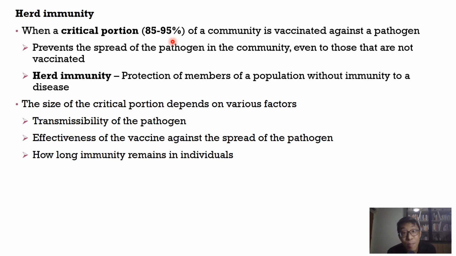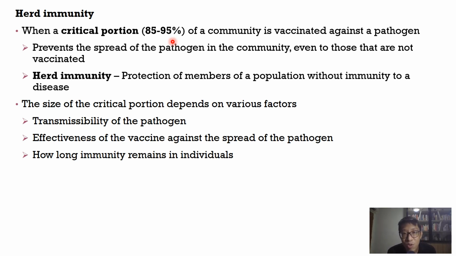And also, of course, there may be a limit to how long this immunity lasts, even though in theory, when we have the memory cells triggered by vaccination, the memory cells should provide lifelong protection because they do persist in the body.